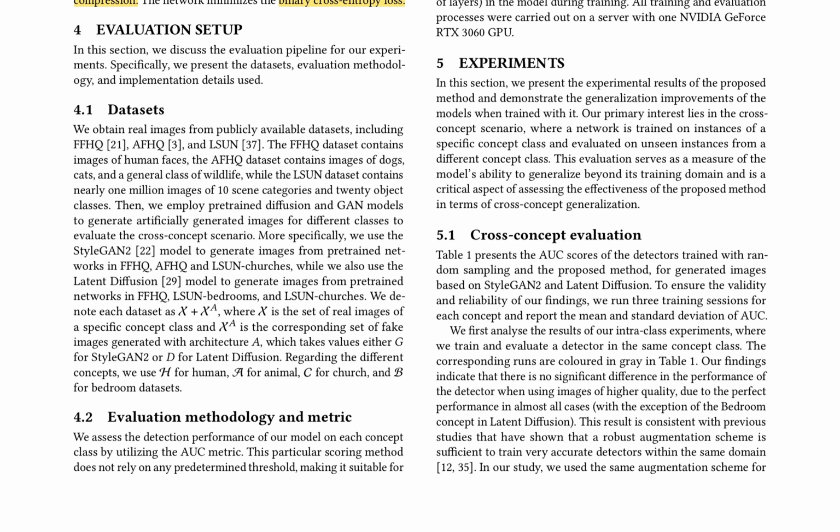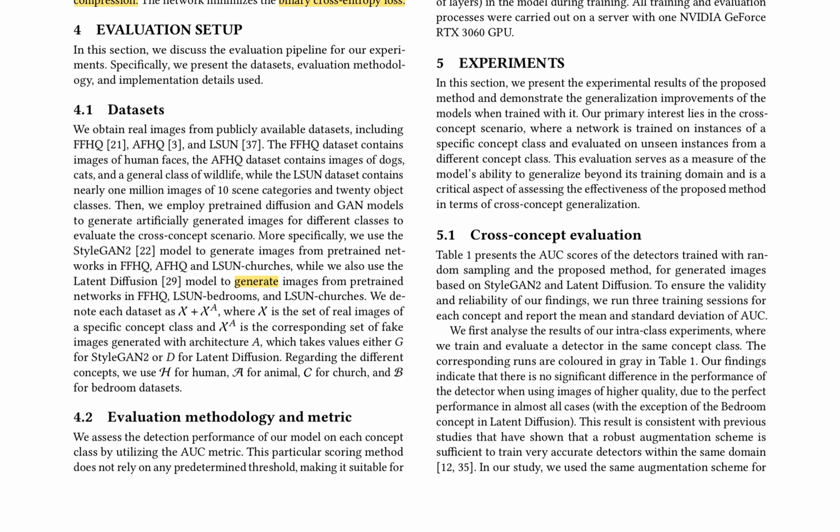Then we employ pre-trained diffusion and GAN models to generate artificial images from different classes to evaluate the cross-concept scenario. More specifically, we use the StyleGAN2 model to generate images from pre-trained networks in FFHQ, AFHQ, and LSUN churches, while we also use the latent diffusion model to generate images from pre-trained networks in FFHQ, LSUN bedrooms, and LSUN churches.